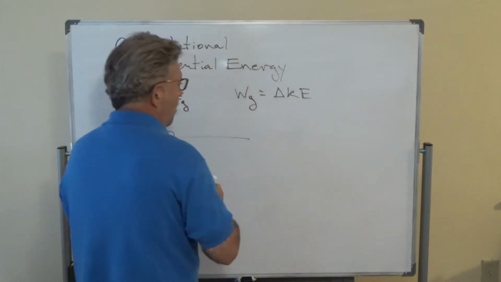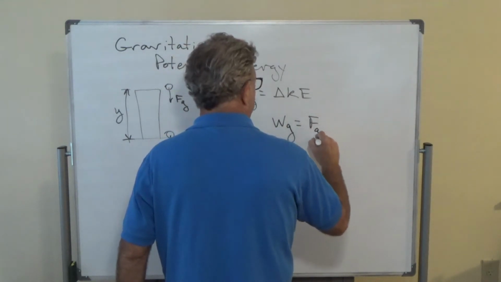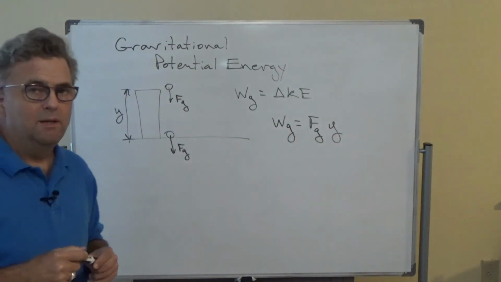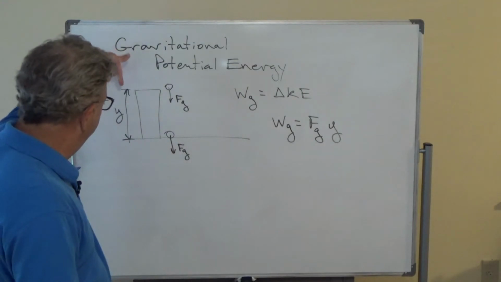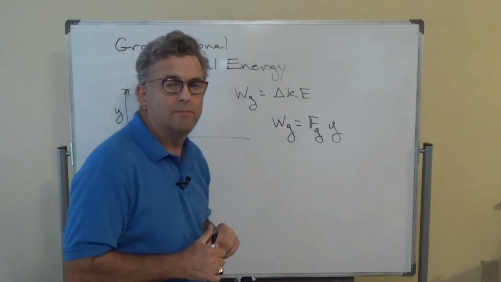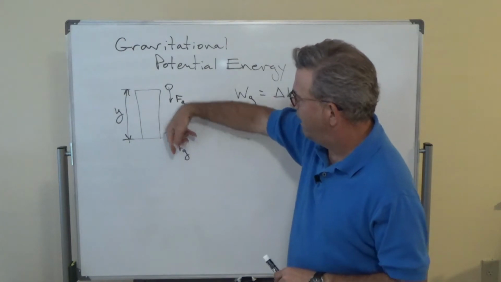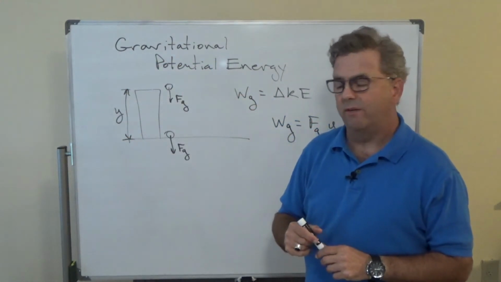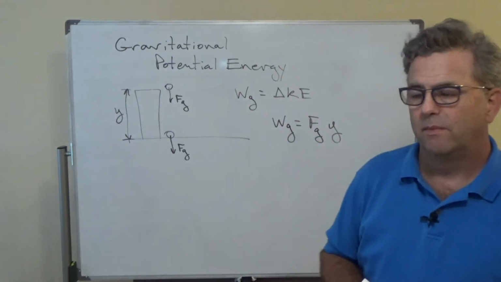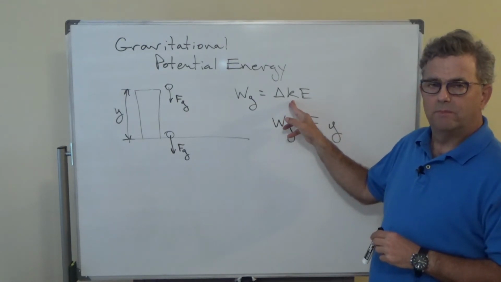In that case, the work done by gravity is simply equal to Fg y. Up was positive, but now the displacement is negative and the force is negative in our system. The force is in the negative direction, the displacement is in the negative direction, so you get a positive amount of work done by gravity. That gives you some change in kinetic energy.